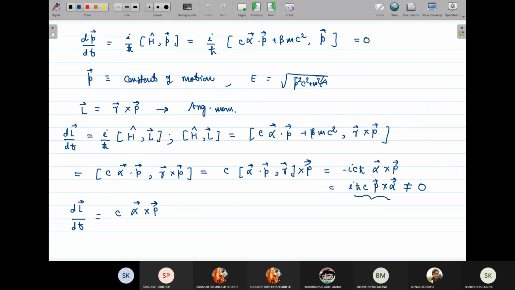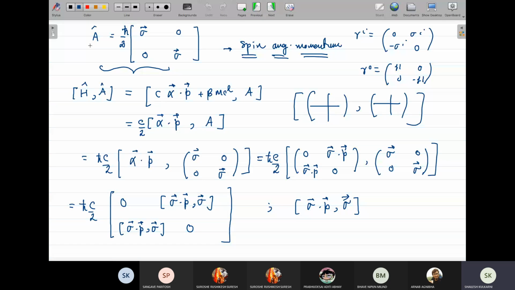This quantity should cancel this quantity. And it is clear why this thing is 4 cross 4.